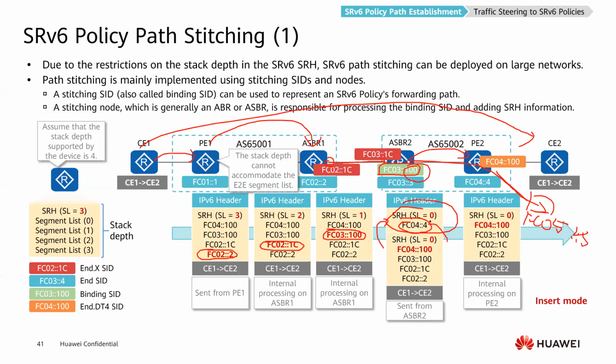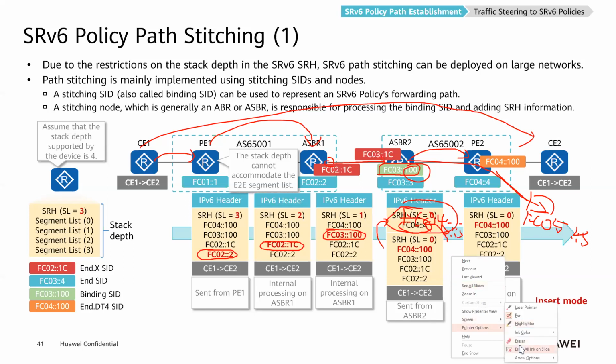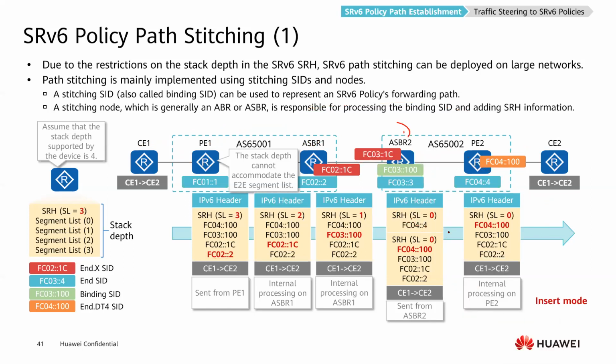So here we add another, FC05::5. Anyway, when the ASBR receives this packet, it will send to its destination based on FC04::4.